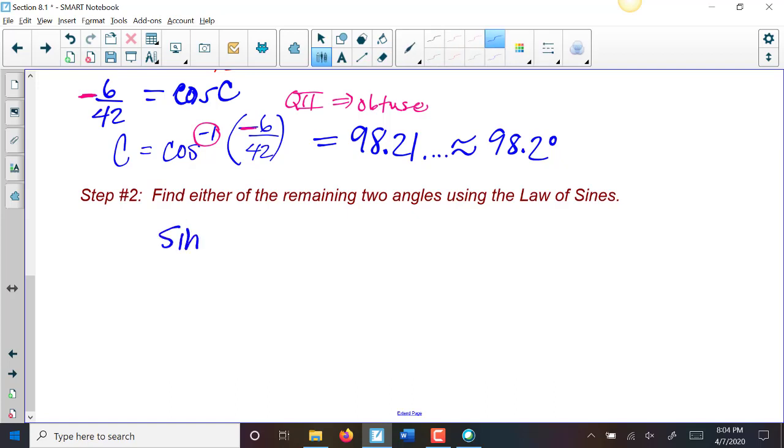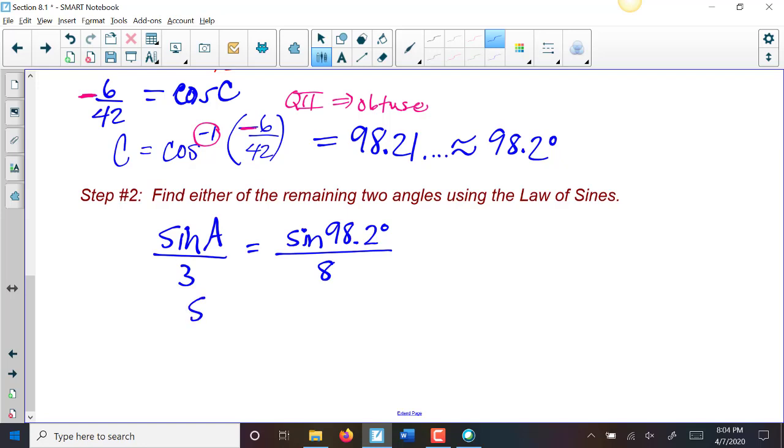So that would be the sine of angle A over the side opposite angle A, which I believe is 3, is equal to the sine of the angle that we know, and the only angle we know is our 98.2. So once again, I can't get away from using a rounded value. The side opposite angle C is 8.